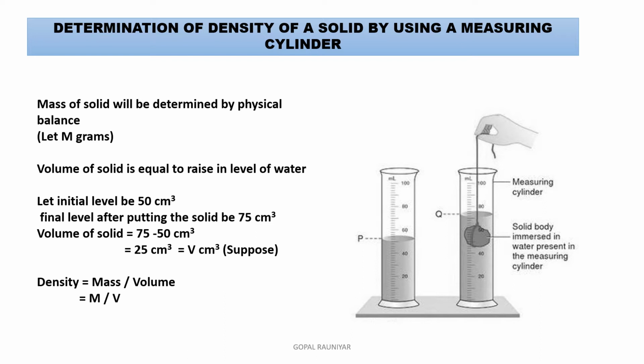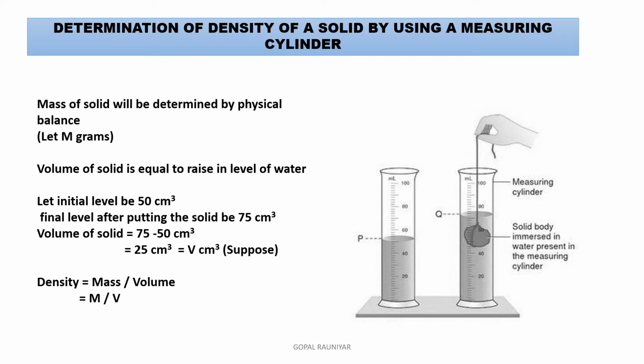What will be the volume? 75 minus 50, meaning final 75 ml and initially 50 ml. So 75 minus 50 is 25 centimeter cube. You also know 1 centimeter cube is equal to 1 milliliter. Let the volume be V equal to 25 centimeter cube. So density is equal to mass upon volume.